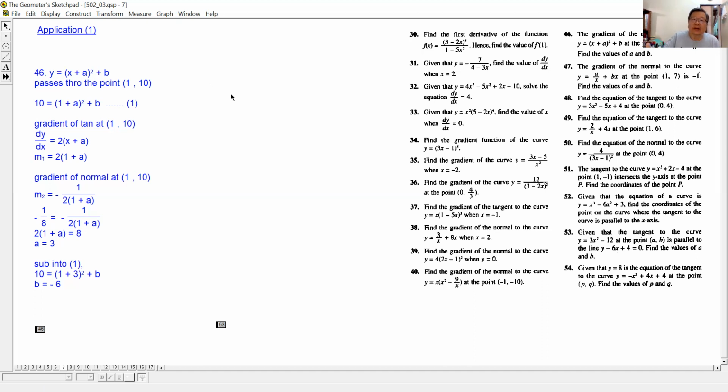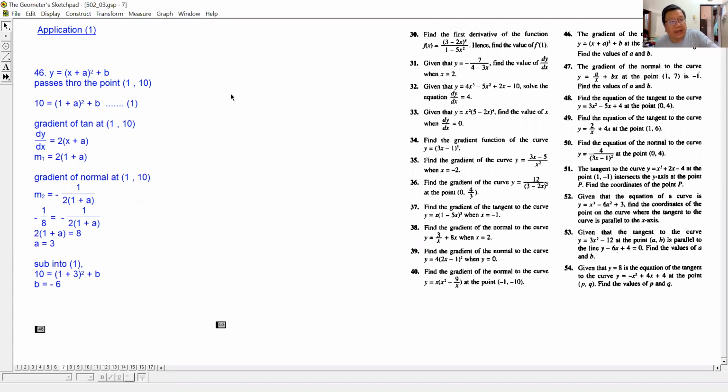Okay, now so far any question? Okay, any question? So I continue. All right, so because this point lies on the curve, the coordinates of this point must satisfy the equation of the curve.